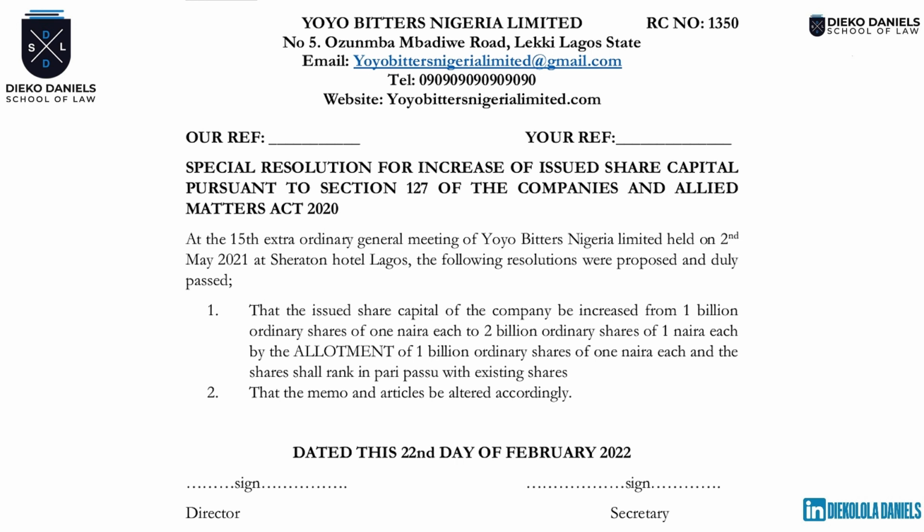Be increased from 1 billion ordinary shares of 1 naira each. So we are increasing our shares, right? From 1 billion, we are increasing it to 2 billion. How do we intend to increase it? We are increasing it from 1 billion ordinary shares to 2 billion ordinary shares by allotment. That is how we intend to increase it.